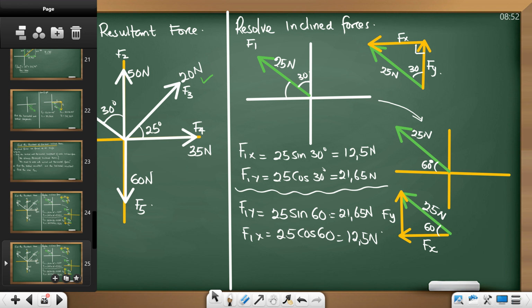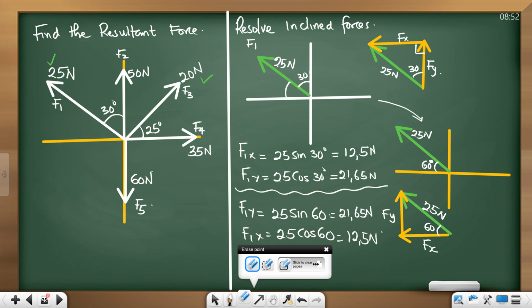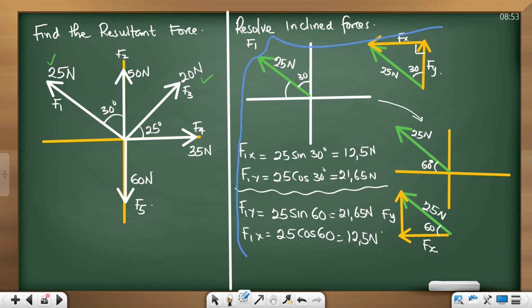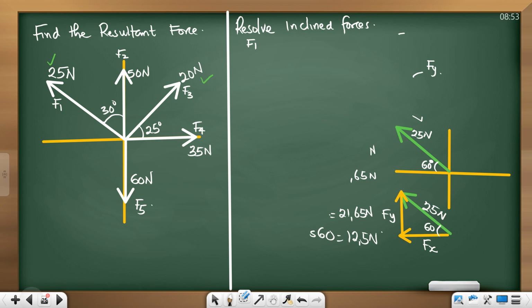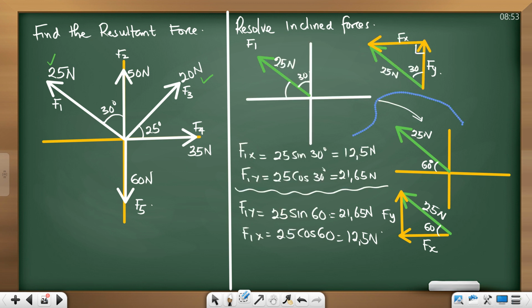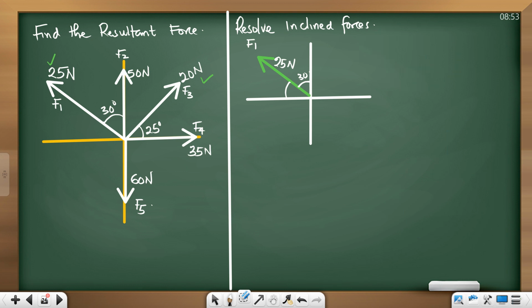F3. Okay, so I am going for F3 now. We are resolving inclined forces. Where's F3? All right, F3 is on the other side. 20 newtons, and this is 25.